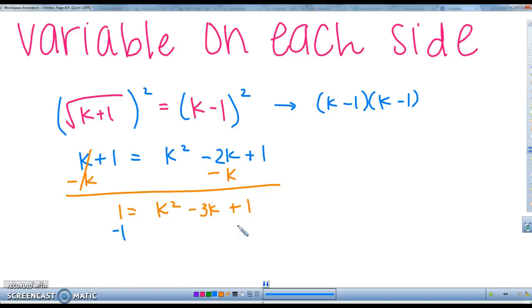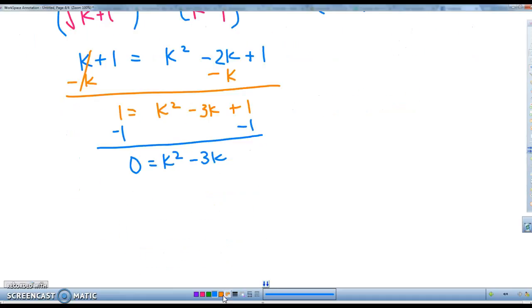So I'm going to subtract 1 on both sides. And I get 0 equals k squared minus 3k, because these ones cancel as well. Well, then I can see something that I could factor. I can see that each one of these terms has a k, so I'm going to pull a k out, and I'm left with k minus 3. And that's, of course, equal to 0.